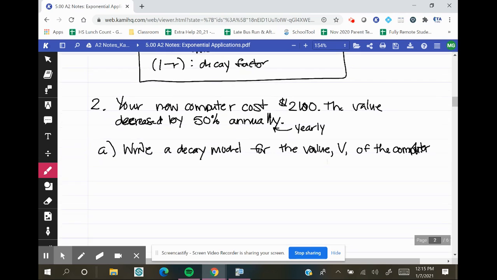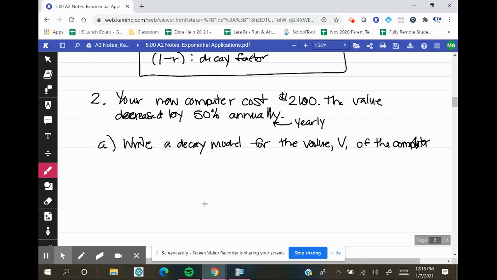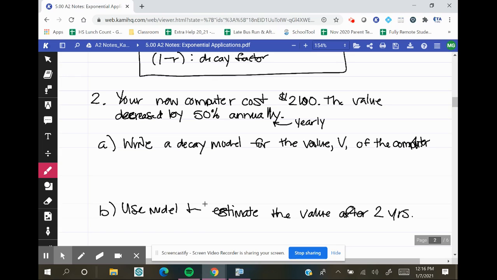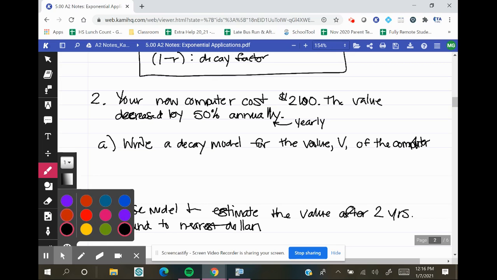Then part B, use your model to estimate the value after 2 years, and round to the nearest dollar. All right. So pause the video and see if you could do both of these parts on your own.